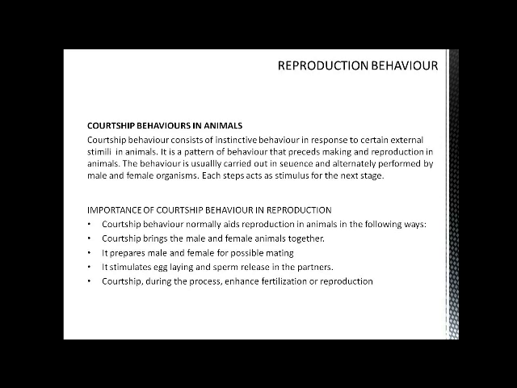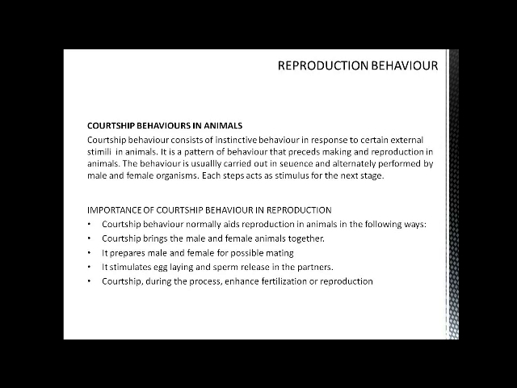The same thing with the male gender. Sperm is released at the end of the day. So courtship brings about laying of egg. That is to say, these sexes or genders have attained maturity reproductively.